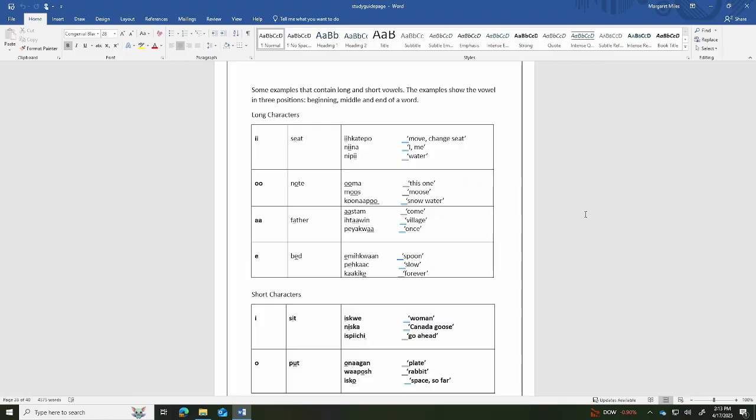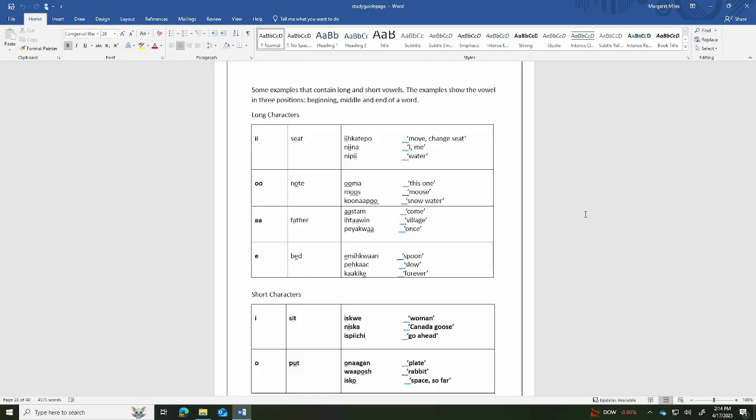So for the short characters, I, O, and A, the English equivalent for the letter I would be sit. And in the language, isquel.